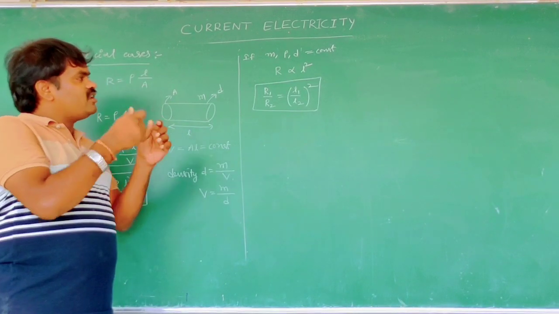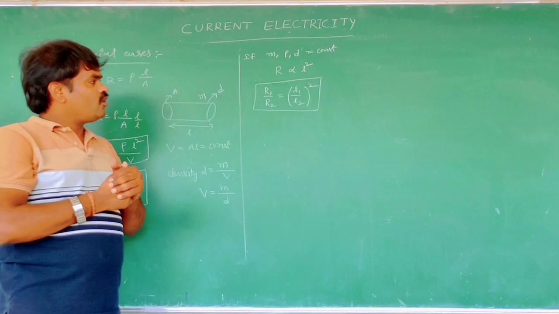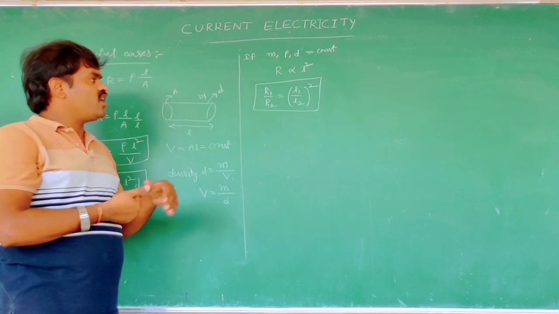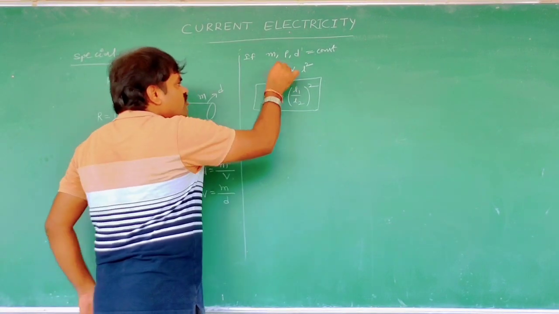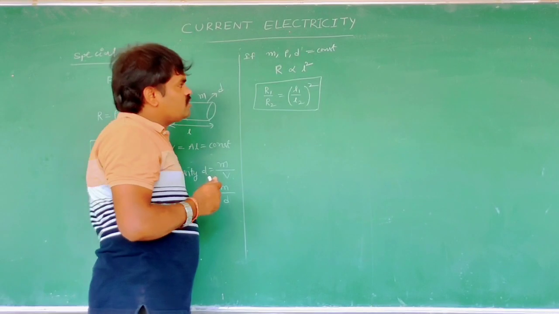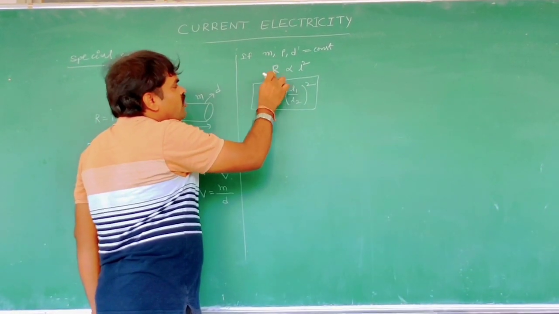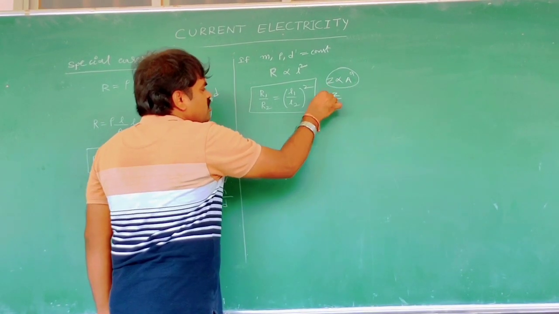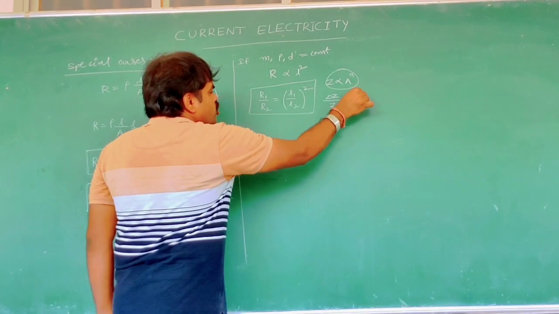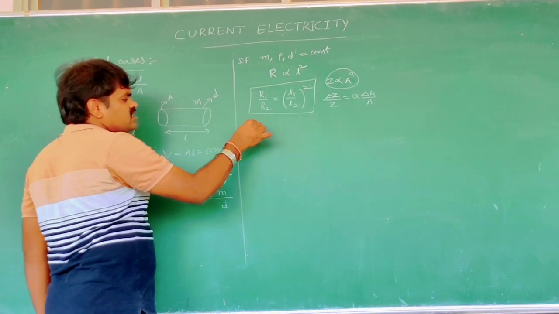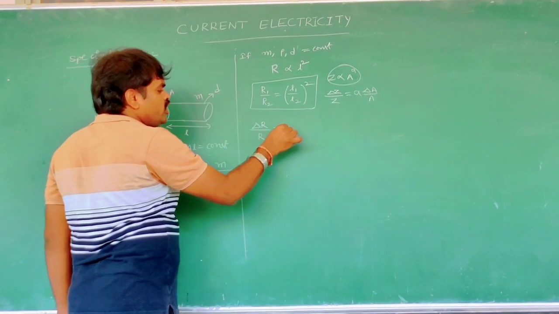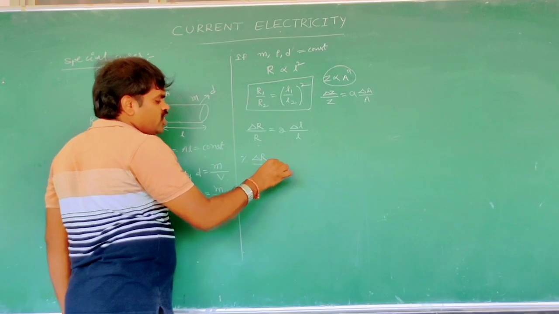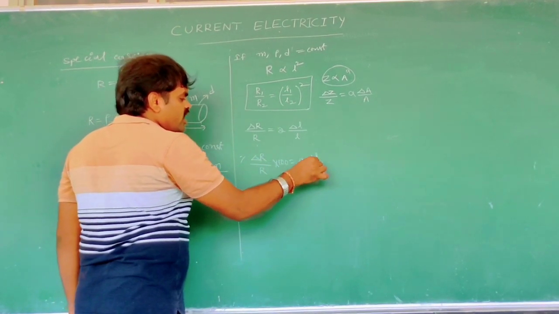Or maybe they say the length of the wire is expanded by a very small amount, less than 5%, then we find the increase in resistance using the formula from the first chapter of 11th, the errors-based problems. If Z is proportional to A power a, then to find the error, delta Z by Z equals a into delta A by A. Based on that, we can write delta R by R is equal to 2 into delta L by L. The percentage increase in resistance, delta R by R into 100, is equal to 2 into delta L by L into 100.